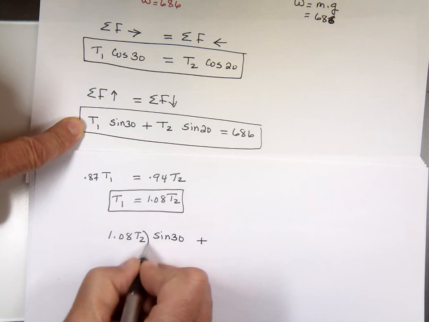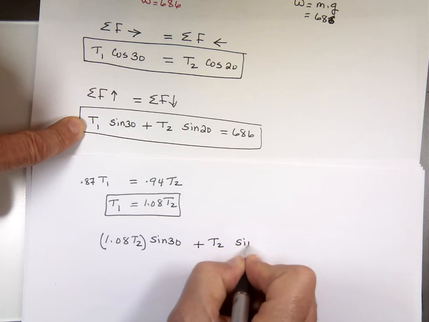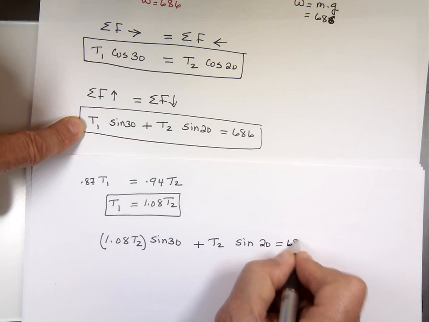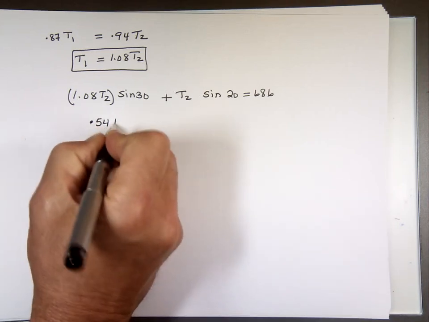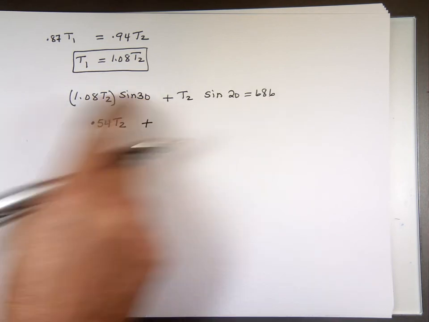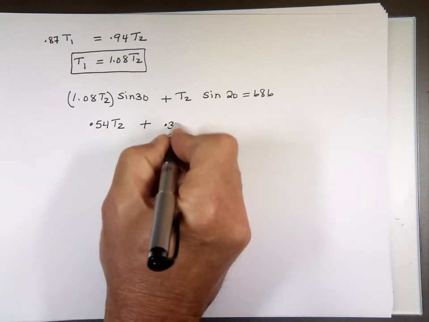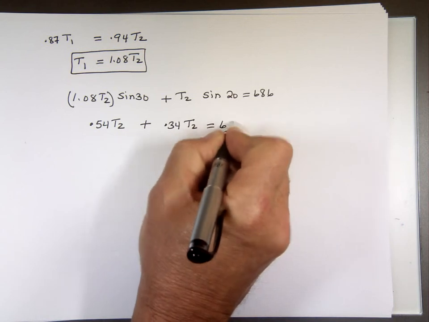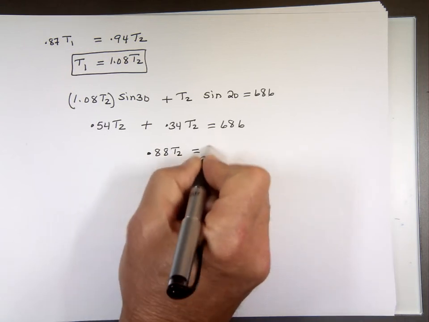So I took T1 out, put 1.08 T2 from here, plus T2 sine 20 equals 686. 1.08 times sine of 30, that's half of that, 0.54 T2, plus this times sine of 20, 0.34 T2 equals 686. 0.88 T2 equals 686.